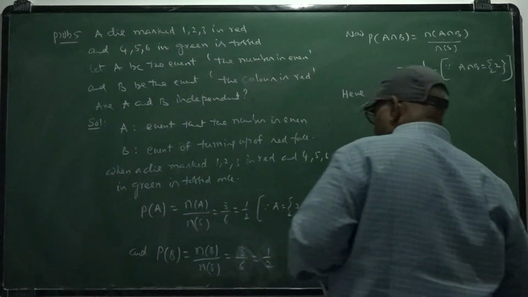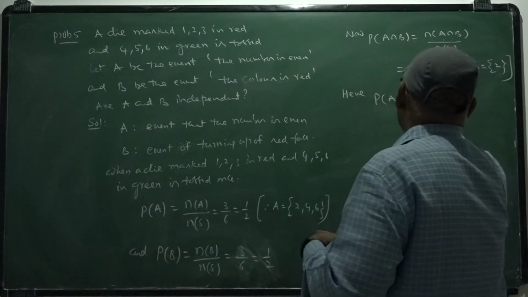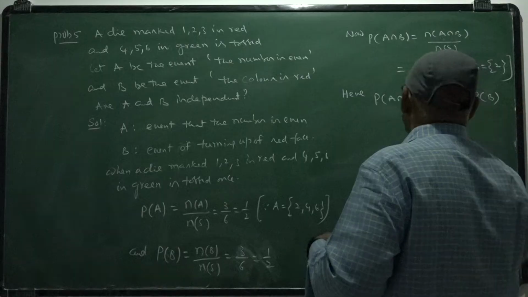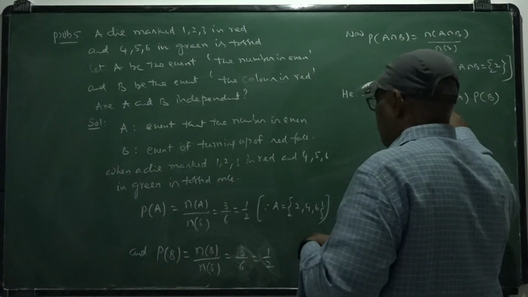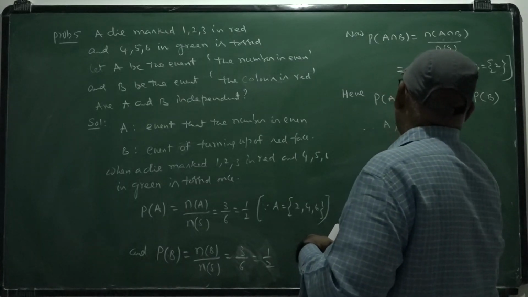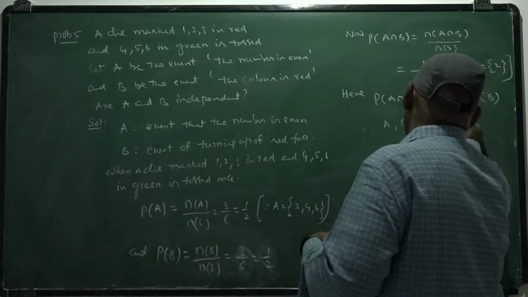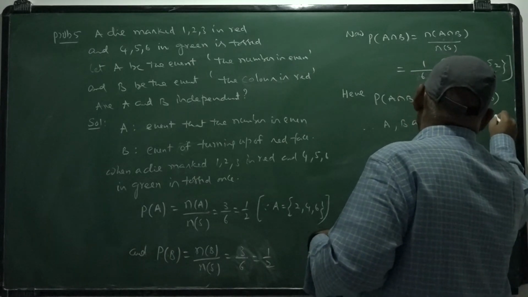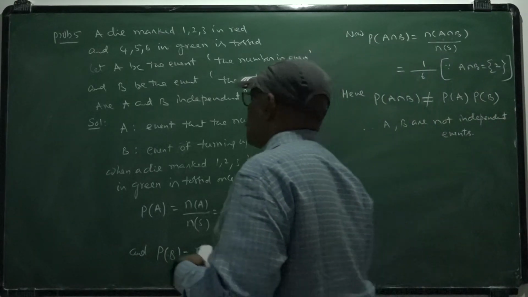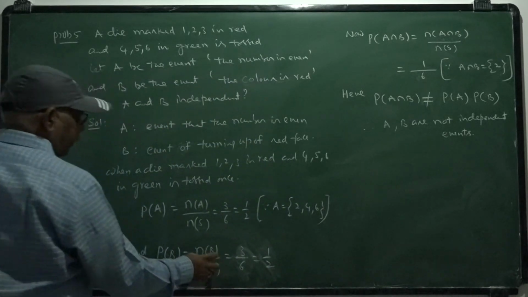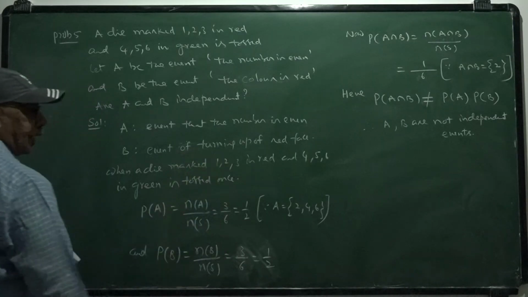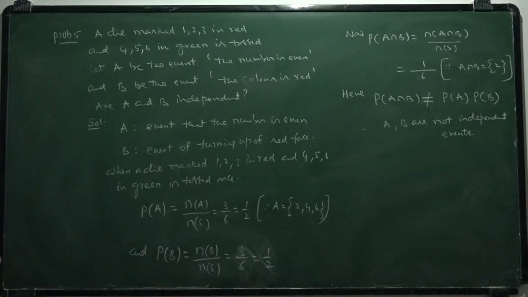Now probability of A intersection B is not equal to probability of A into probability of B, because this is 1 by 6, whereas the product is 1 by 2 into 1 by 2, 1 by 4. So therefore, A, B are not independent events.